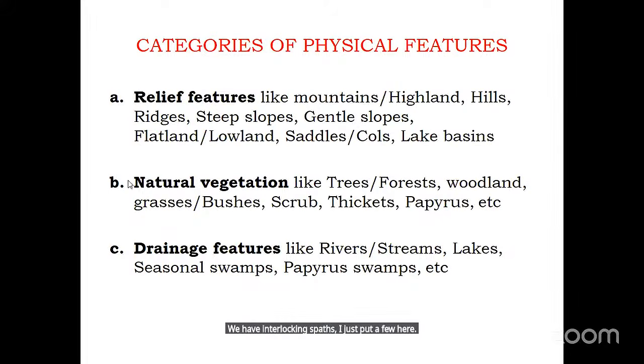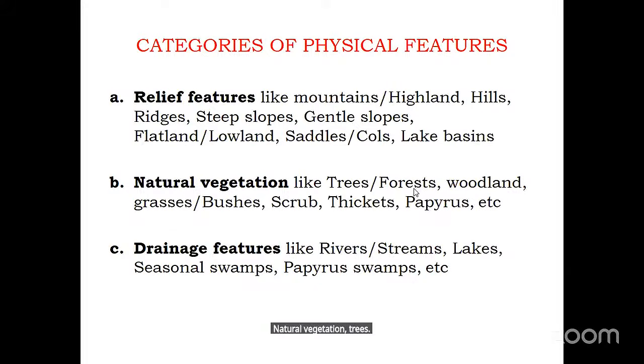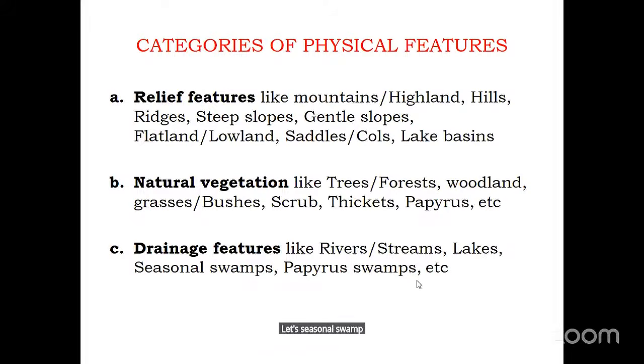There are physical features in form of natural vegetation: trees, tall trees, forests, woodland, grasses or bushes, scrub, thickets, papyrus. All these exist on the plant cover of the area. Then we have the drainage features, which may be in form of rivers, streams, seasonal swamps, papyrus swamps. They can be seen in a photograph.